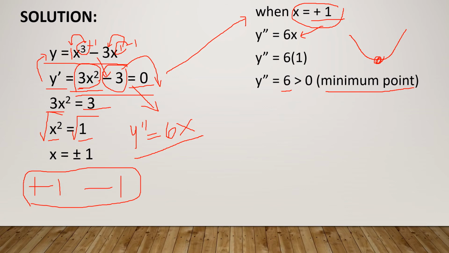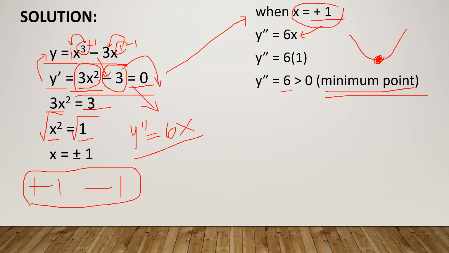When your x is equal to 1, since your y double prime, or your second derivative, is a positive value and your slope is 0, then your graph is concave up. This point here is your minimum point, because this will represent a negative part of your graph once you graph it in a Cartesian plane. So that will be a minimum point now.